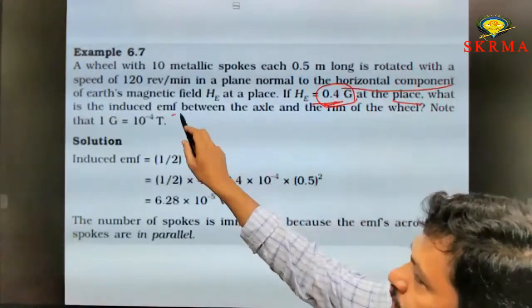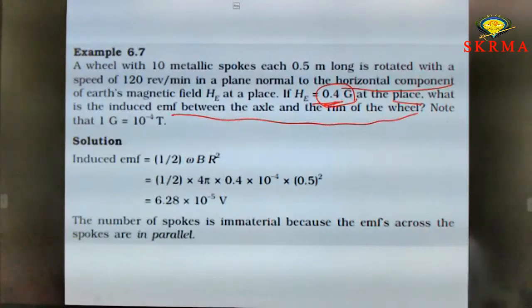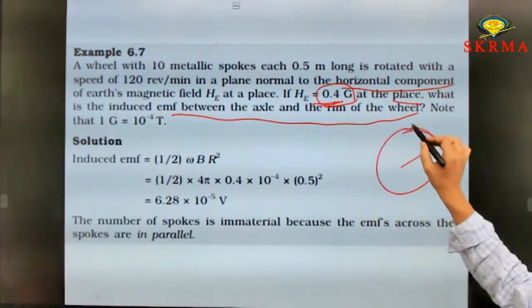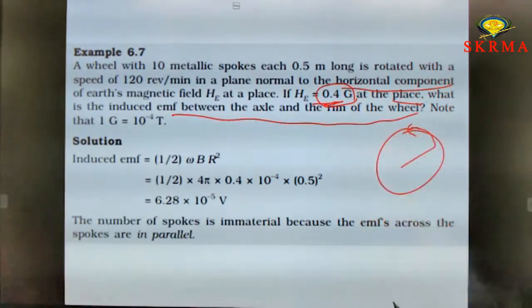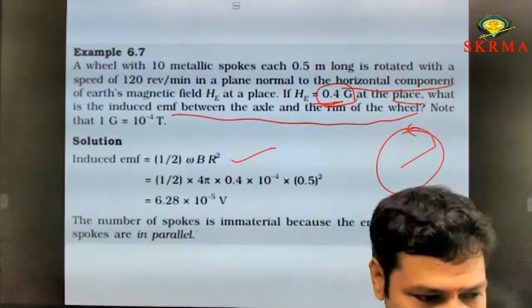What is the induced EMF between the axle and rim of the wheel? This is also an example of a rod rotating in a circular path in a magnetic field. In such a case, you can directly use the formula half B L square omega.